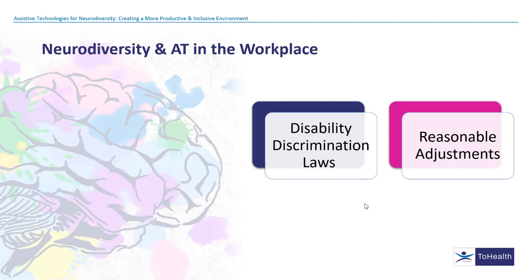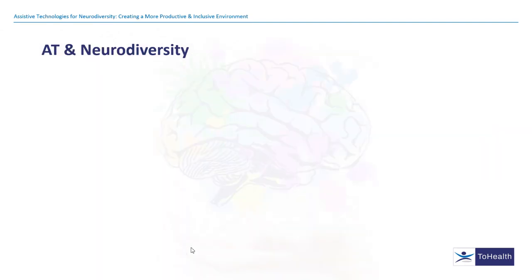And it's important to remember that every individual is different. What might work for one person may not always work for another. It is important to be open to feedback and make sure to adjust accommodations as required. So it's very important that you have an open and honest conversation with the person concerned and think about what works for them.